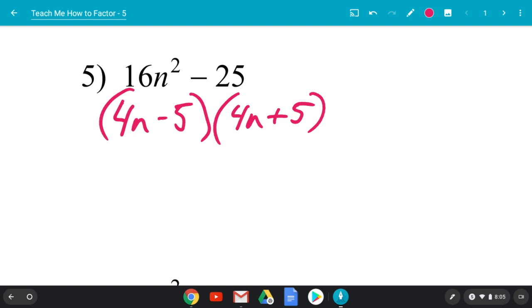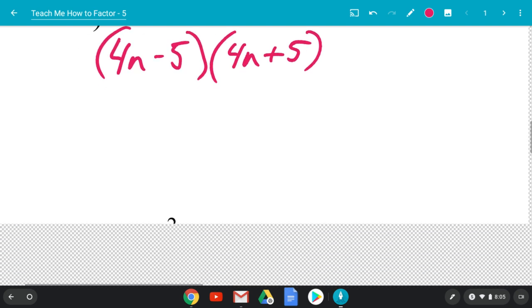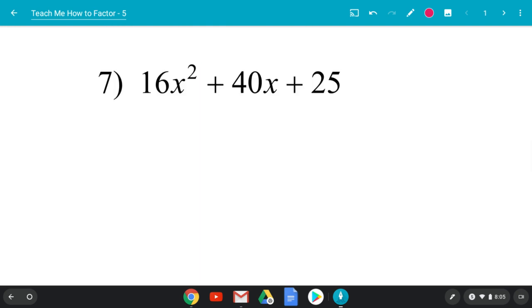The perfect square trinomial has a middle term, or a linear term, right? Difference of squares does not. So the difference of squares is a little bit easier to identify than the perfect square trinomials. But in both cases, what's at the front and the back? Perfect squares. Let's try number 7.